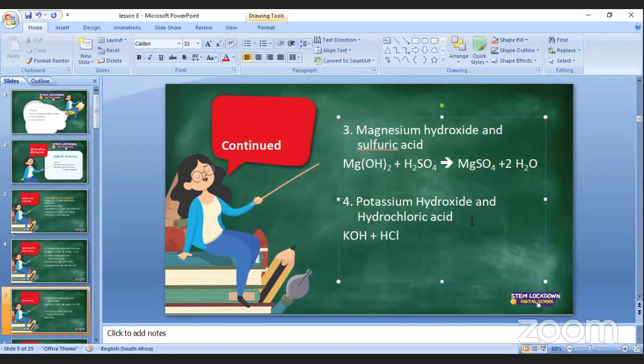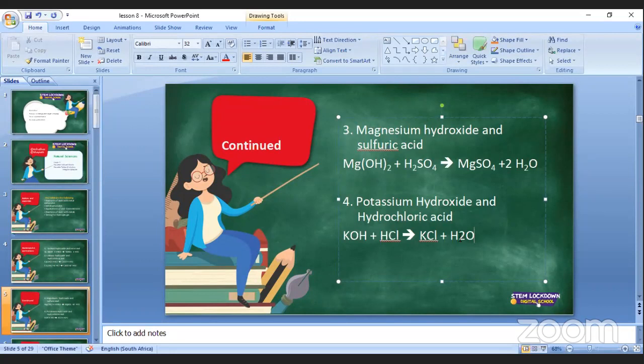What do we get? We get potassium chloride and water. Remember, we get salt and water when a hydroxide is reacting with an acid, depending on the reactants.